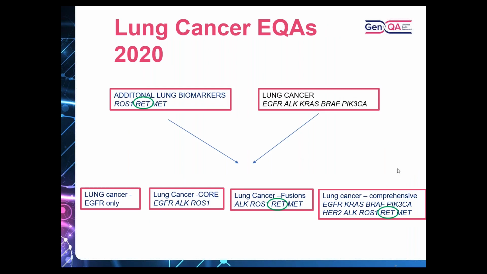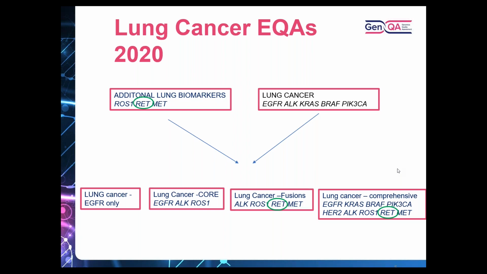So in 2020, we merged together our additional lung biomarkers EQA with our other molecular biomarkers lung cancer EQA to form basically a suite of lung cancer EQAs, which labs could choose the one that was most suitable for their clinical needs. So there are still a number of laboratories who were only testing for EGFR, ALK and ROS1, because those were the biomarkers which were licensed for use in most countries at that particular time.